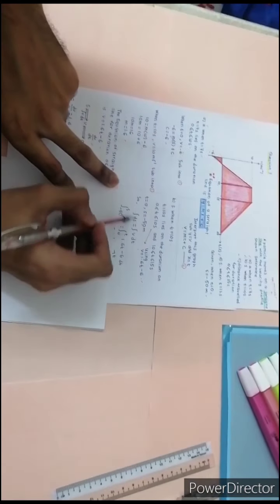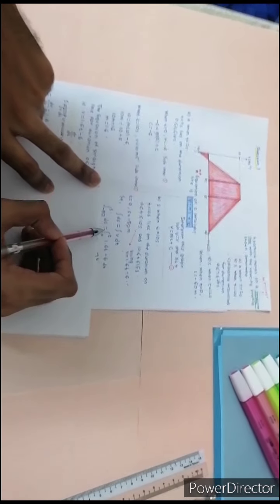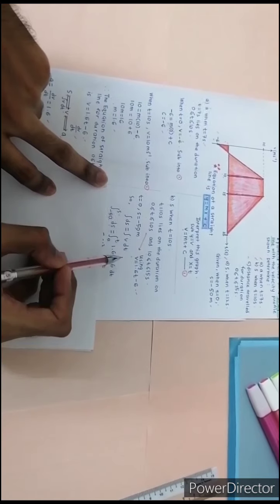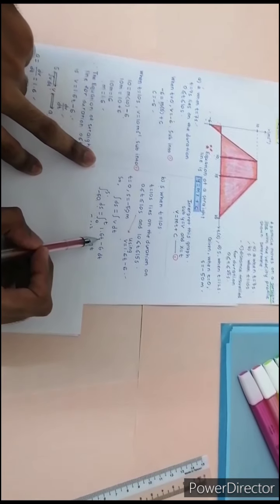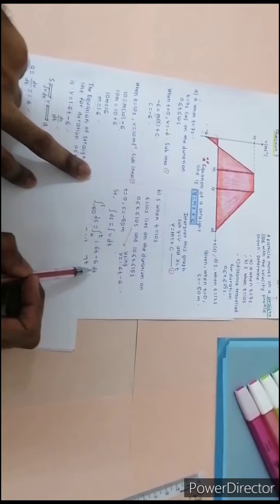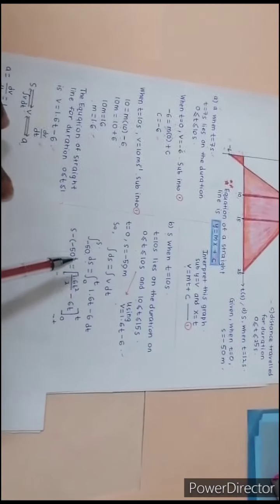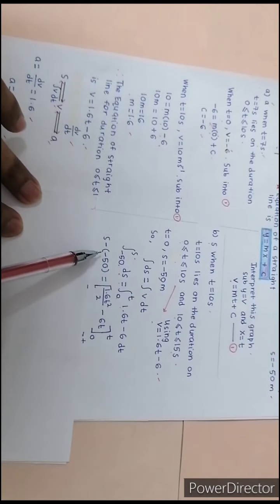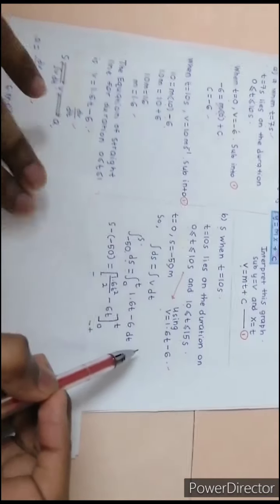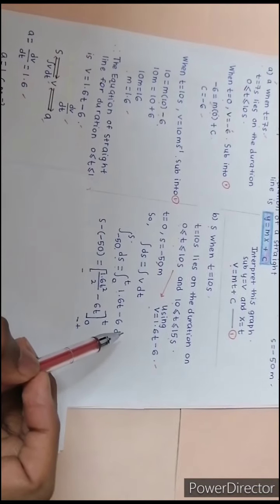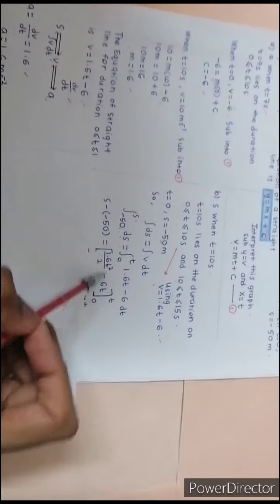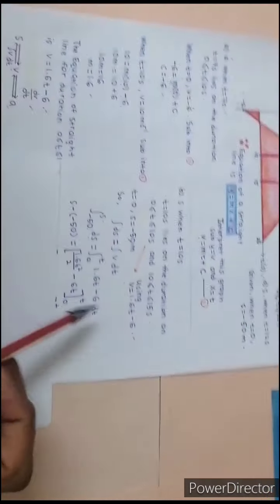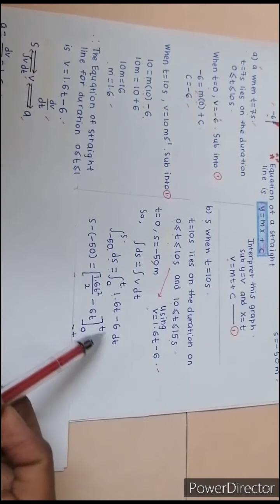So the integral from negative 50 to s of ds equals the integral from 0 to t of 1.6t minus 6 dt. So s minus negative 50 equals, when we integrate 1.6t, we get 1.6t squared over 2, and integrating negative 6, we get negative 6t, with the limit 0 to t.